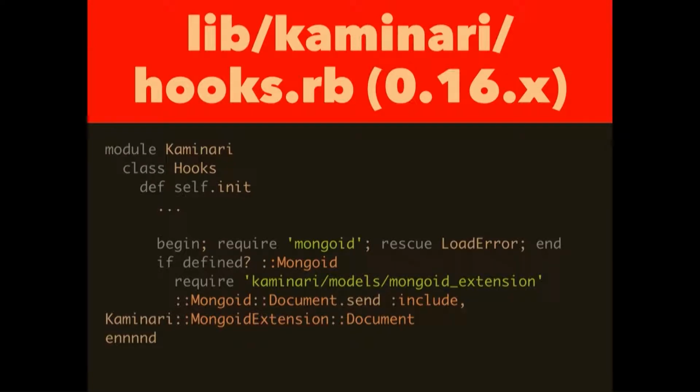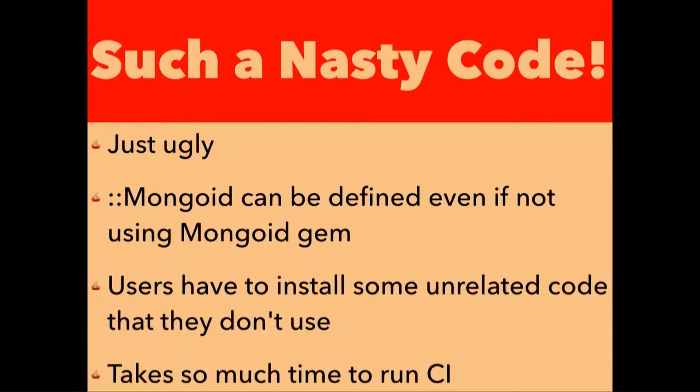It kind of works, but it's such nasty code. I think it's just ugly, and there are some problems listed here. I think the biggest problem of this code is that it takes so much time to run through all of these, like the matrix in Travis CI.